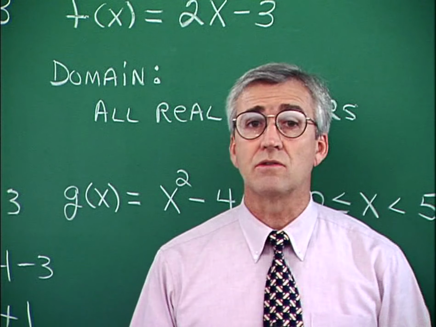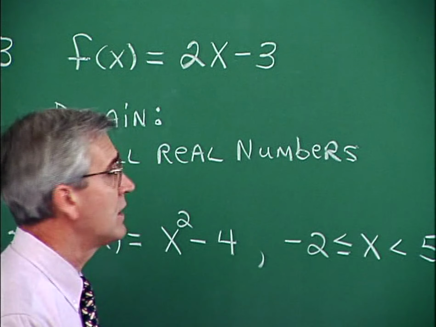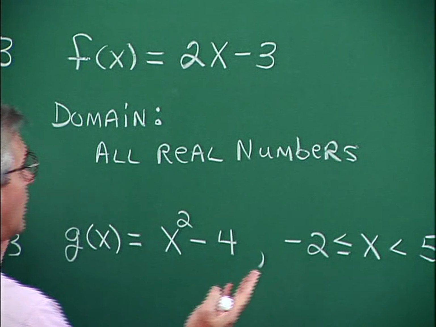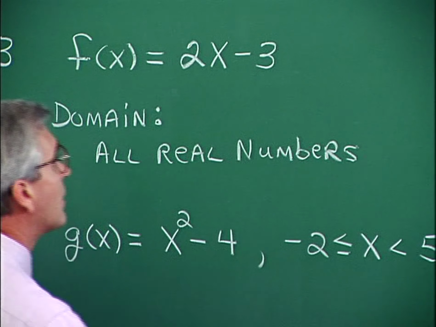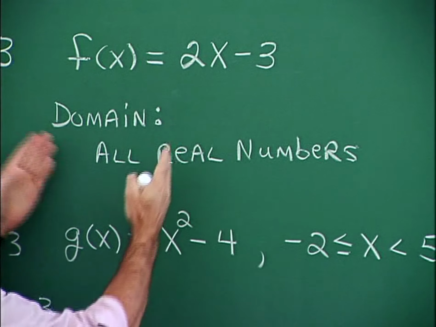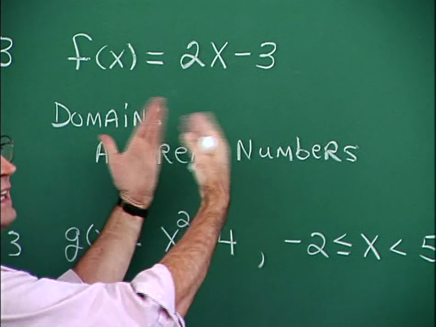What x values are acceptable to replace in this function or in this expression? Which ones make sense? Well, every real number replacement makes sense here. We could replace x with any real number available to us, and this expression makes sense. So the domain would be all real numbers. And it is implied, it is implicit here.